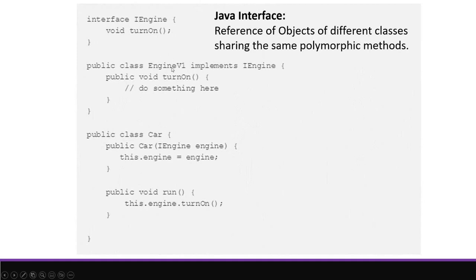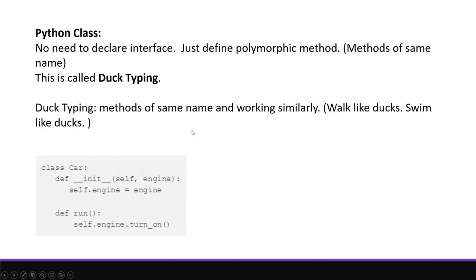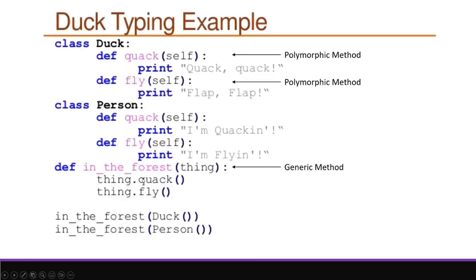Okay, so engine class implement engine, car engine. Let me see. Duck typing. Okay, so car has a run function. Okay, I'm sorry, using this function. So duck typing, duck has quack and fly. Person has quack and fly. So actually, person quack and fly like a duck.